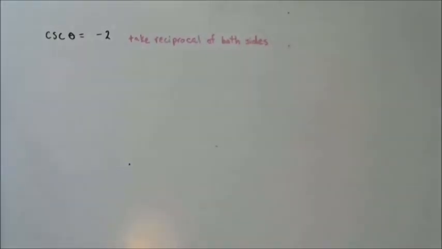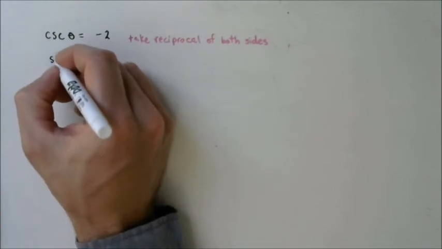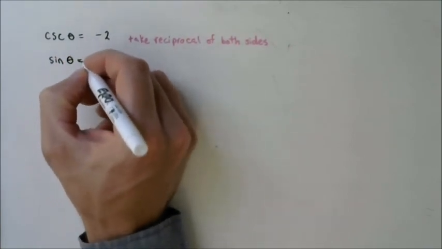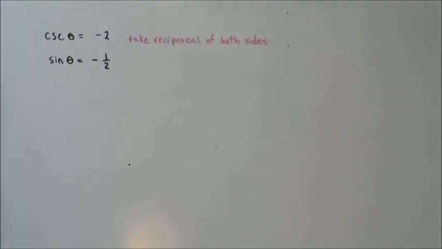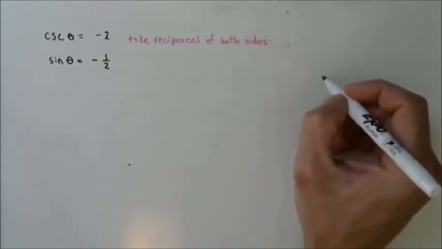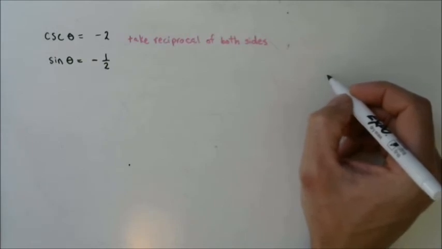Well, the reciprocal of the cosecant ratio is the sine ratio, and the reciprocal of -2 is -1/2. Now, if I'm looking for the angle that has a sine of -1/2, okay, I'm going to draw out my unit circle here to give me a reference.